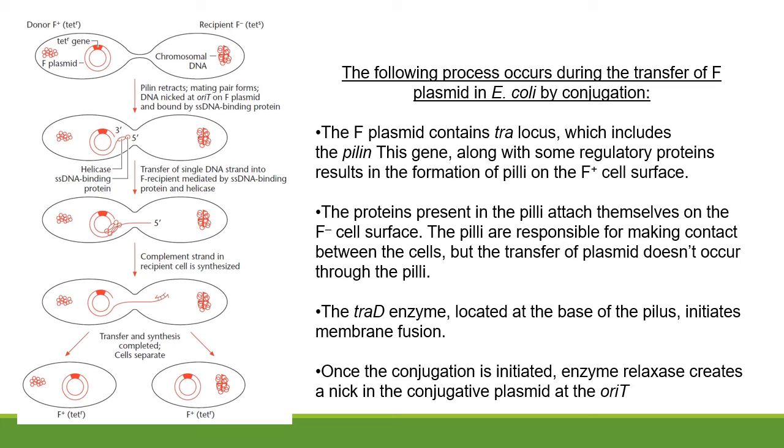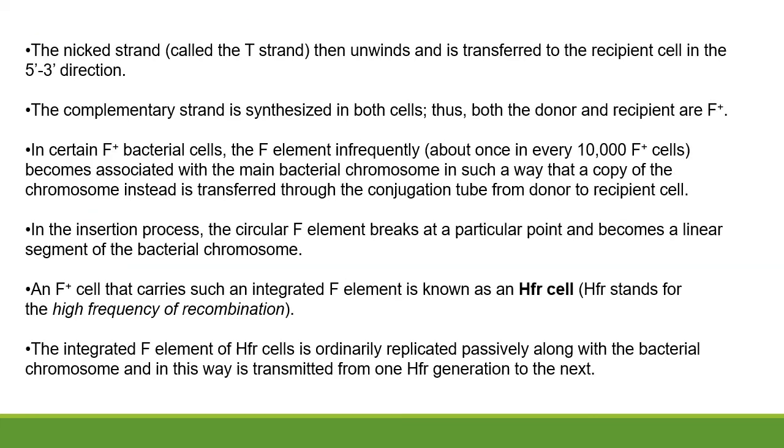Now the nicked strand unwinds and is transferred to the recipient cell in 5' to 3' direction. The complementary strand is synthesized in both these cells. As there is just one strand of the plasmid in recipient and donor cell, the complementary strand has to be synthesized by both the cells, and thus both the donor and recipient cell are now F plus, that is they have the fertility plasmid present in both.